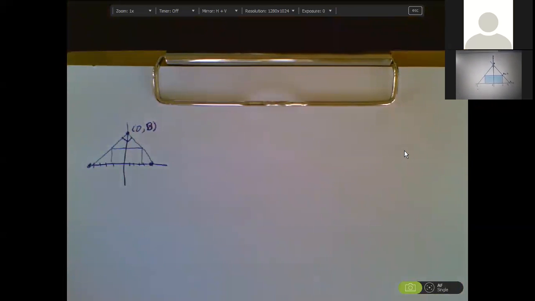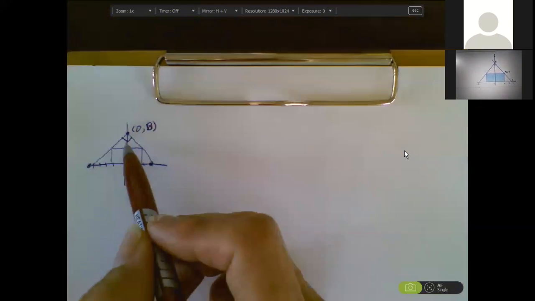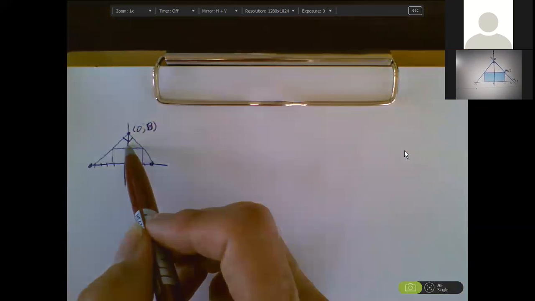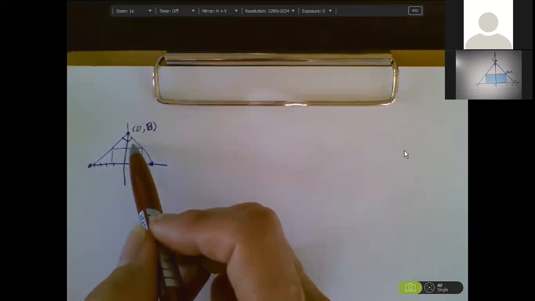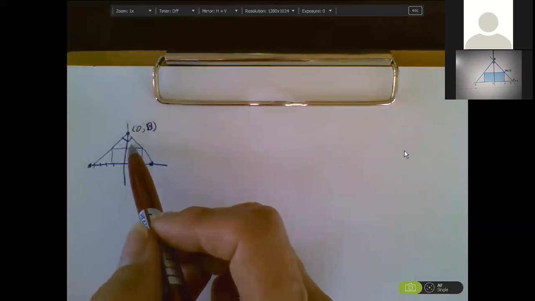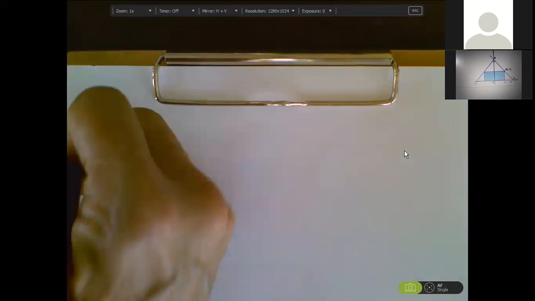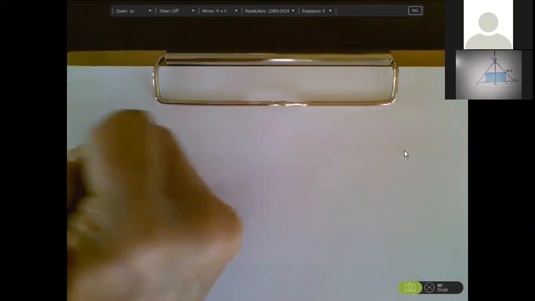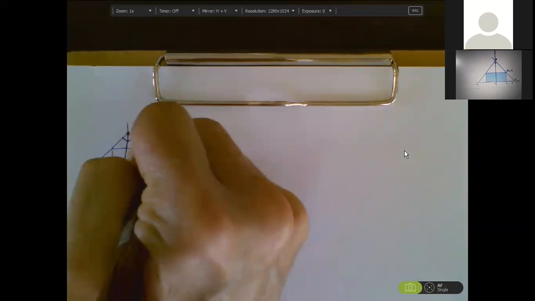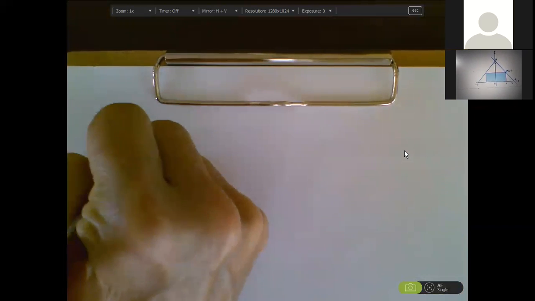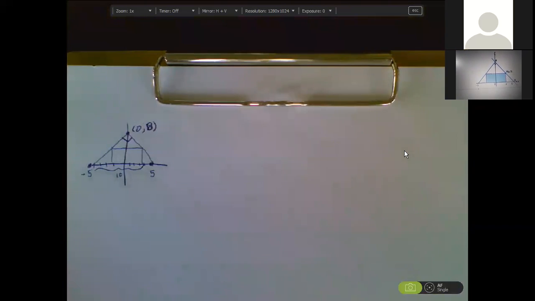An isosceles right triangle means that it has a right angle in it, and we can tell from your picture that the right angle is at the top, and the hypotenuse is 10, which is why these 2 points on the x-axis, your x-intercepts, are -5 and +5, which makes that distance 10. So far, so good? Yeah.